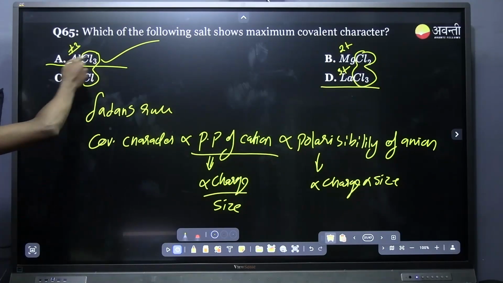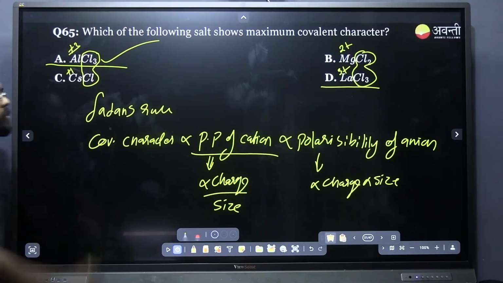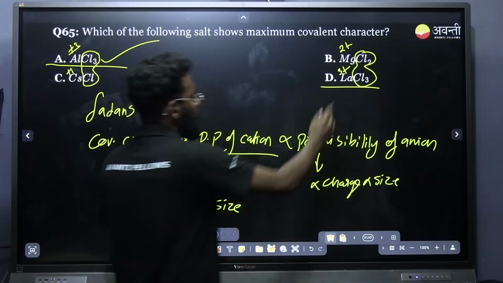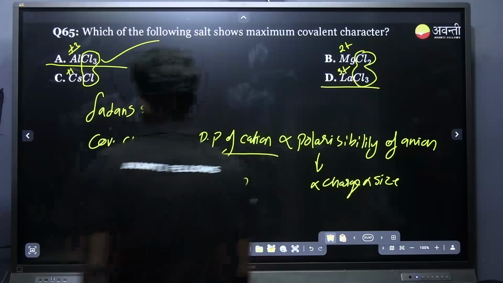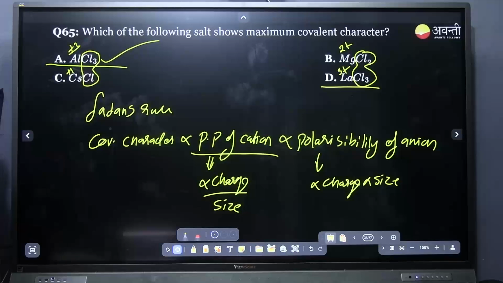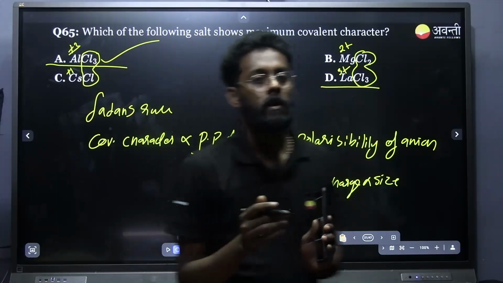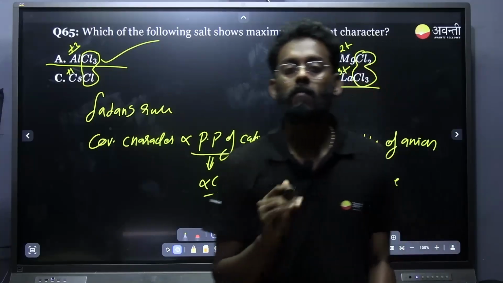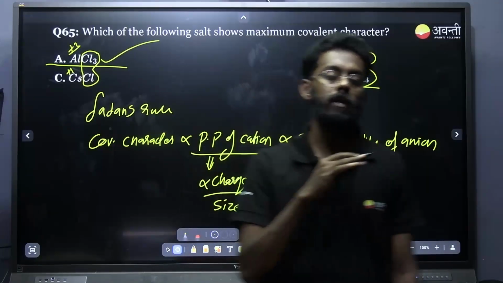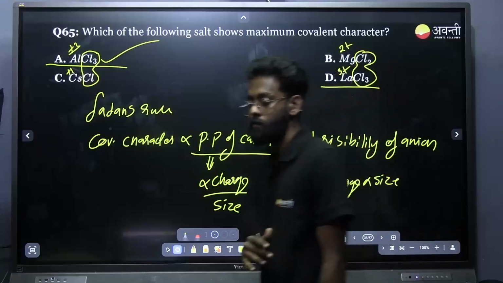Smallest size is for AlCl3, so AlCl3 will be having highest covalent character. Next comes LaCl3 and then Mg2 plus, then CsCl. If you get confused between charge and size, the dominating one is charge. The one which is having higher charge will be having the highest covalent character.